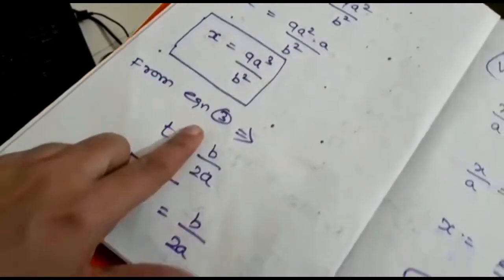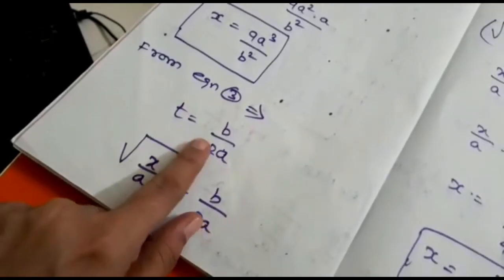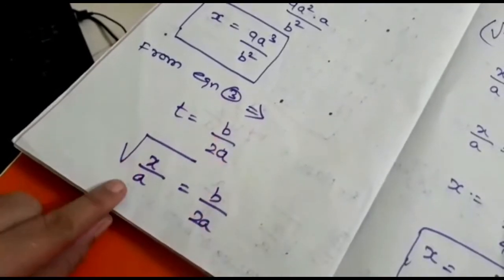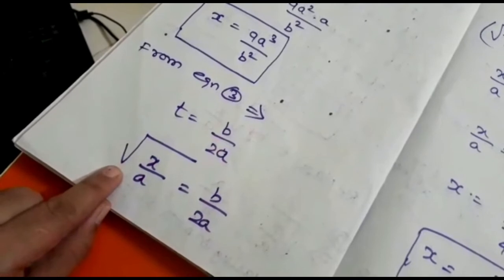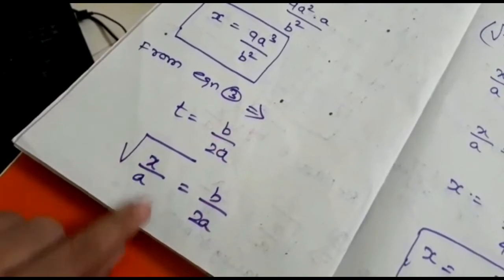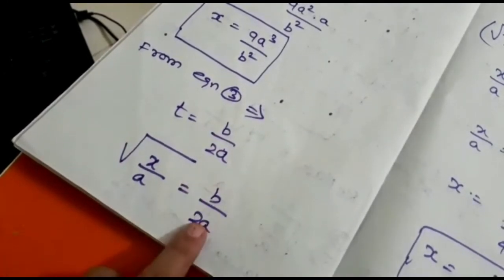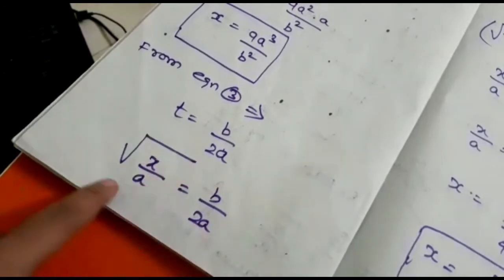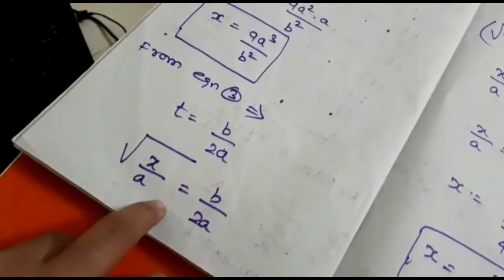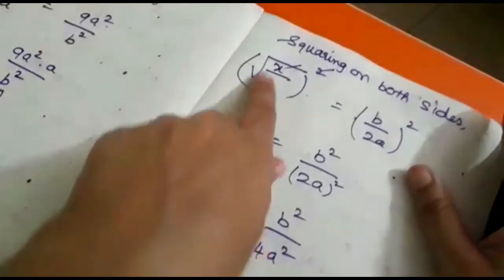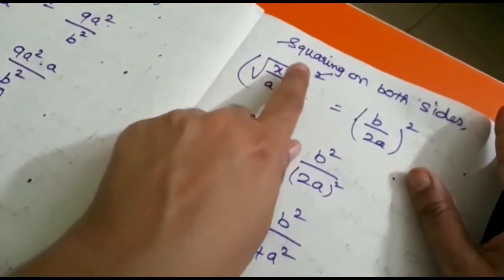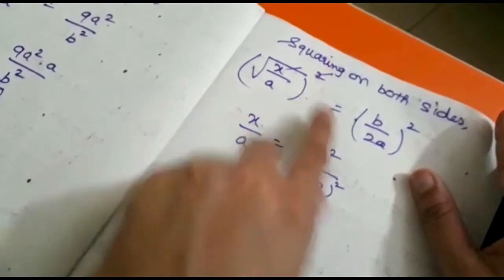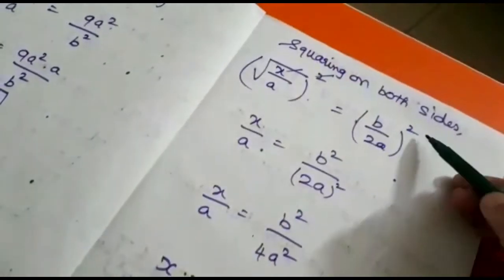So again from equation 3, t is equal to b by 2a. Again replace t by square root of x by a is equal to b by 2a. So for cancelling the square root, I can square on both sides. So x by a whole square, square root, square. Square and square root will be cancelled. Here b by 2a whole square.